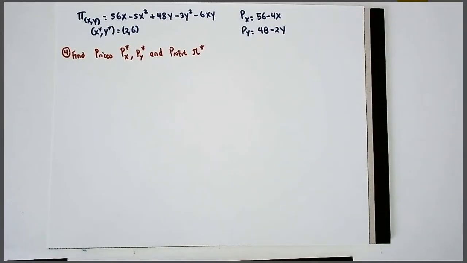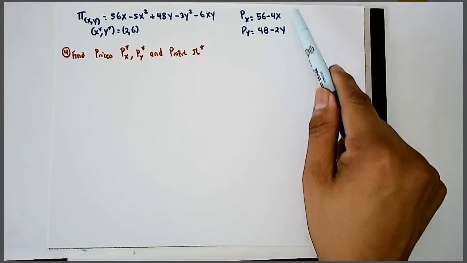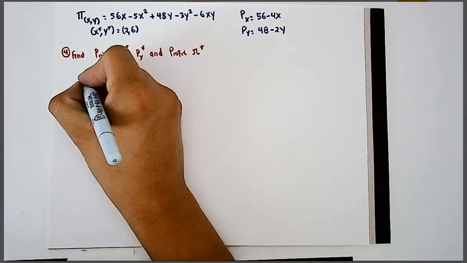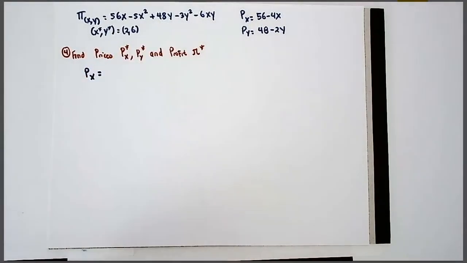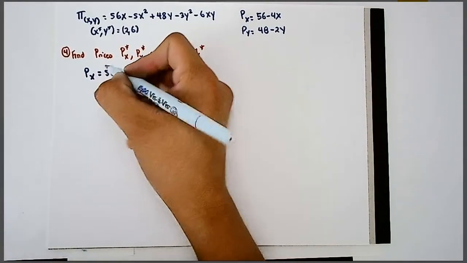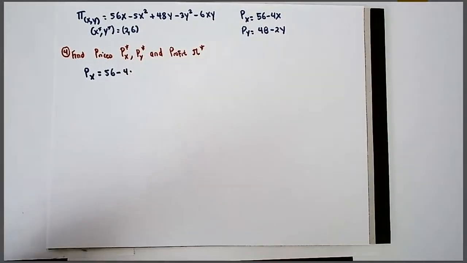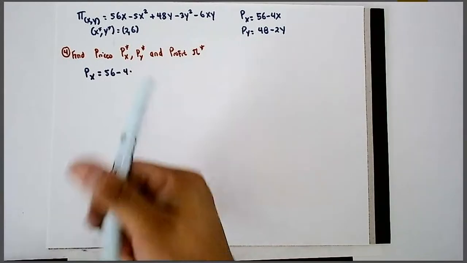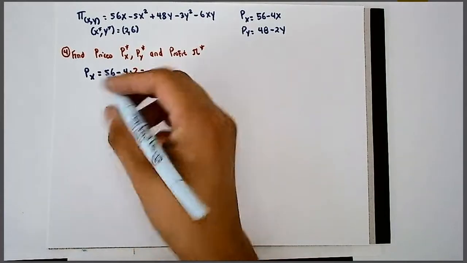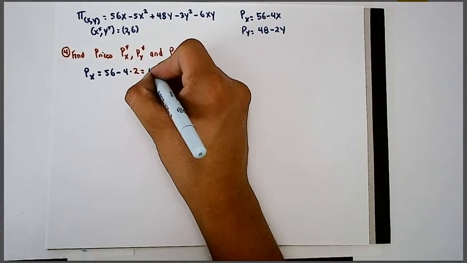In our last step, we need to find the prices for X and Y and the optimal profit. So first, let's start with the prices. Recall that we already have the inverse linear demands as a function of quantities. So for the case of X, the price of X is simply 56 minus 4 times the optimal quantity, which is equal to 2. So this is 56 minus 8, which is 48.